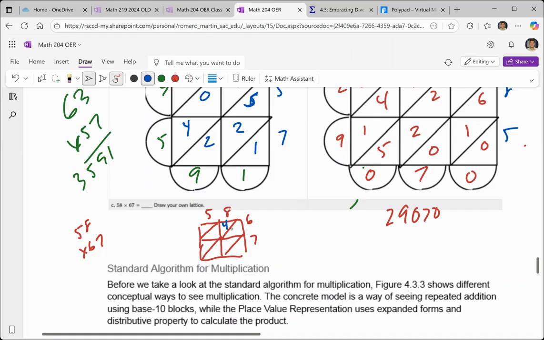Again, we need to know our single digit facts: 56, 30, 35. So there's your 6. 13 plus 5 is 18. I need a little 1. 5 plus 3 is 8, and then 3. So now I know the answer is 3,886. So that's the lattice method.